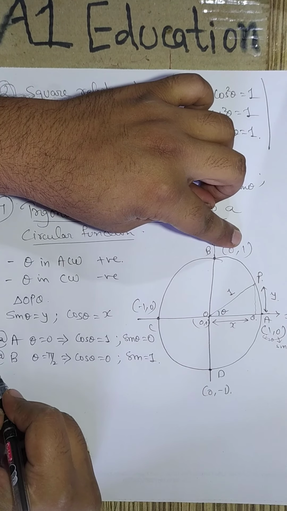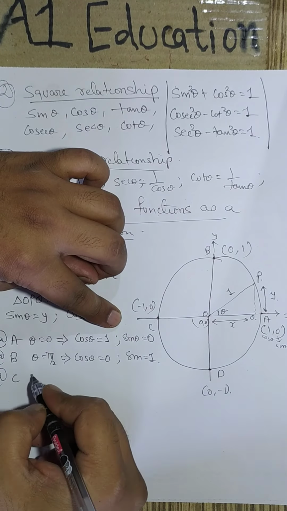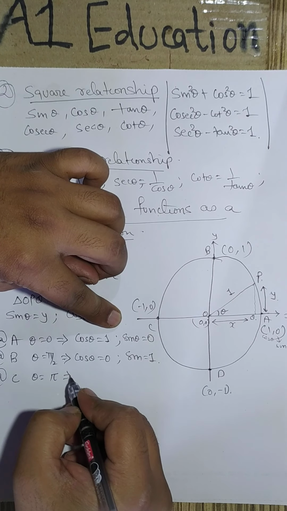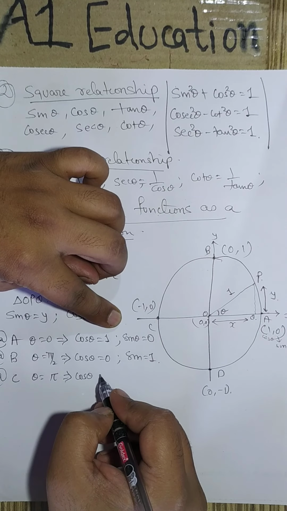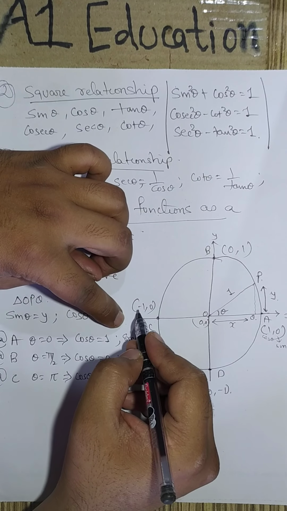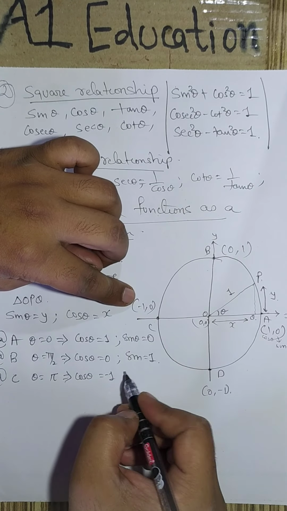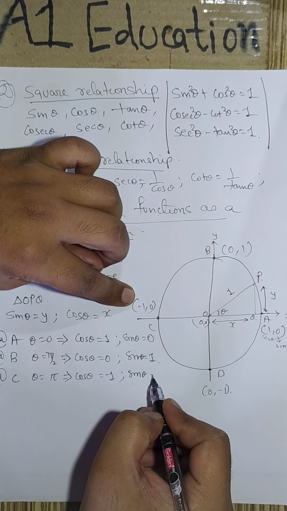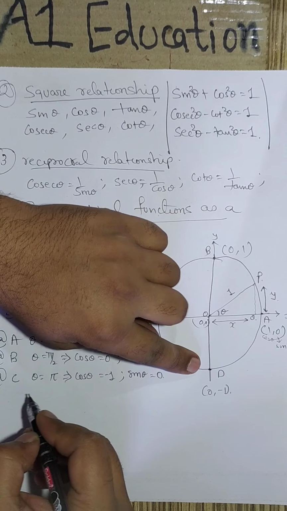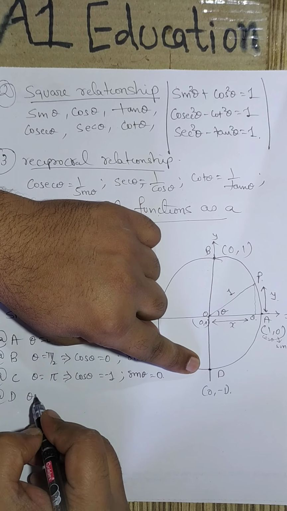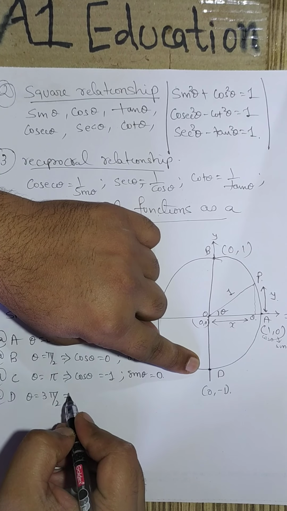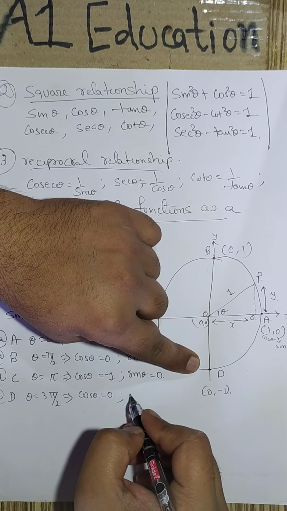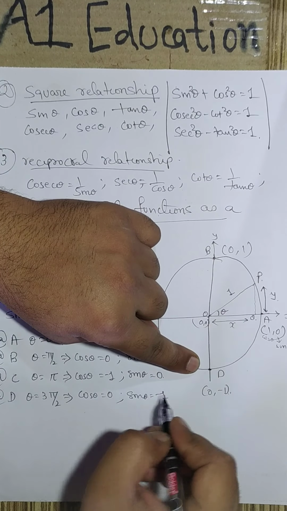At point C, where theta equals pi, cos theta is minus 1 and sine theta is 0. At point D, which represents the angle 3 pi by 2, cos theta is 0 and sine theta is minus 1.